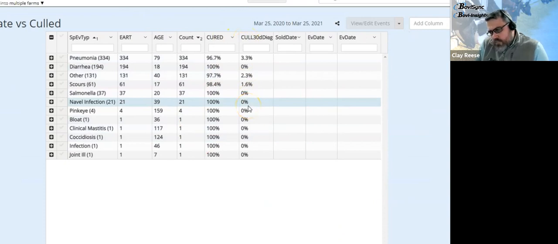And that's something that you can set the parameter. Whatever is interesting to you, you're able to make that report and give that information to the people that are able to make the decisions that will help the situation go forward.